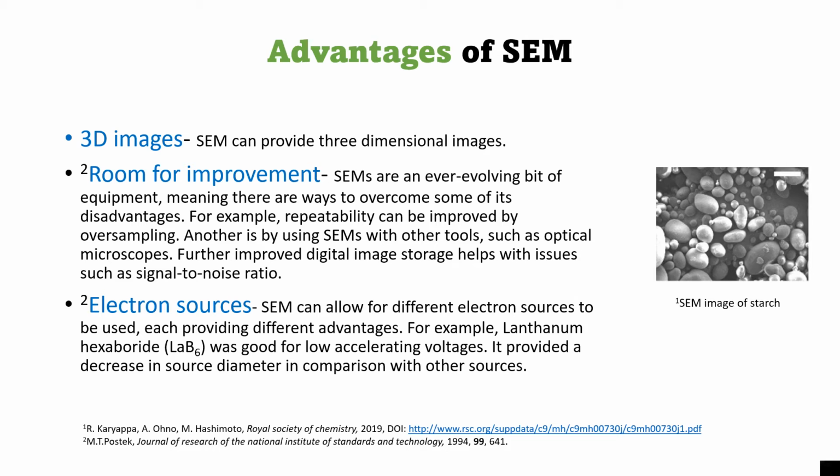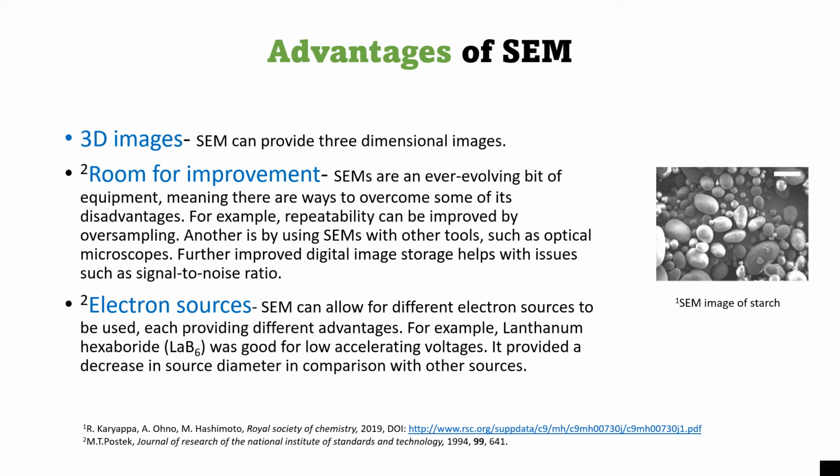Now that we know a little bit about SEM, we can talk about its advantages and disadvantages. Its first advantage is 3D images. For example, like the image of starch, we can see these images in 3D, which can provide us a little bit more analysis. A second advantage is that we can improve on its disadvantages.